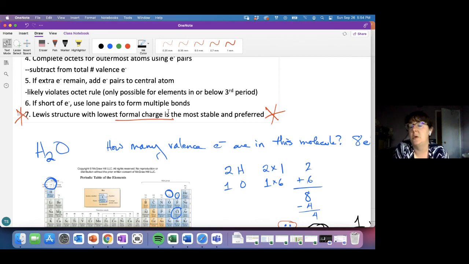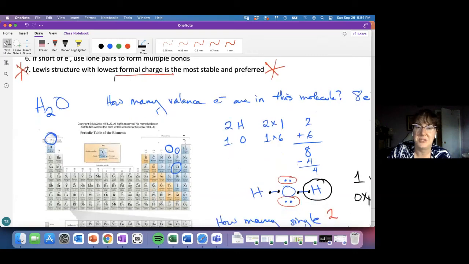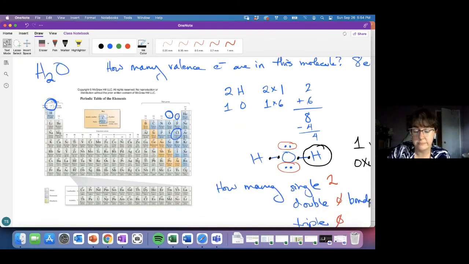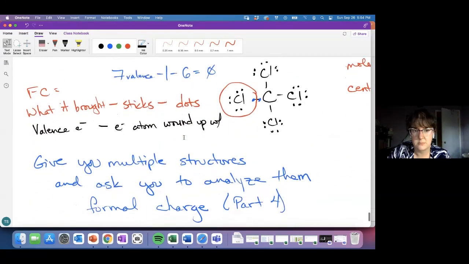It's something we expect you know how to do, and it makes a really easy multiple choice question, because usually formal charge is like 0, -1, +1, 2. Formal charge is usually pretty low, so it doesn't have that many options to mess with.